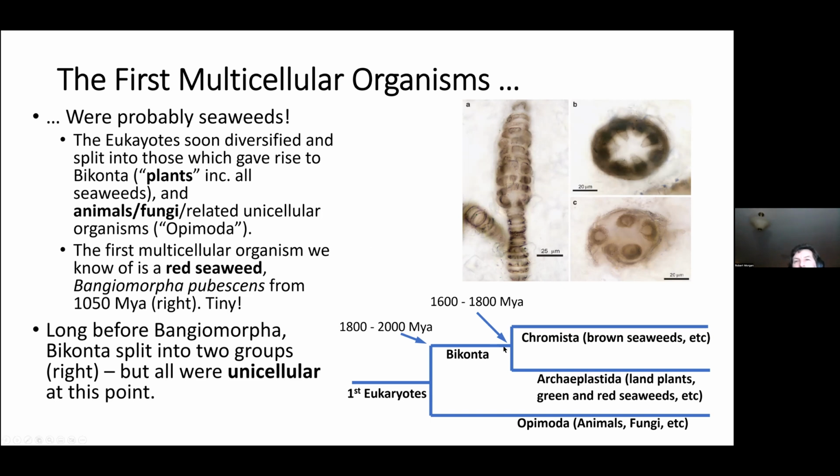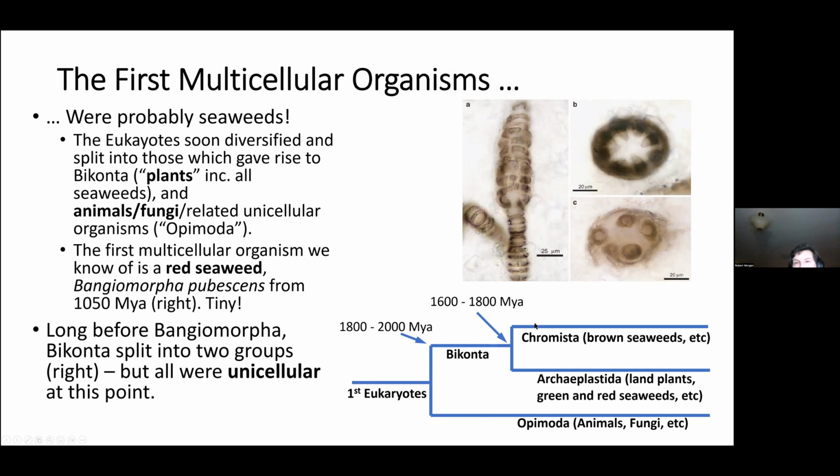But anyway, you can see there's a split into 3 later groups of organisms we're interested in. What's called the chromista, which eventually gave rise to brown seaweeds and things like that. And then what's called the archaeplastida, the ancient organisms with plastids, which are basically chloroplasts. You've got the land plants, the green and the red seaweeds in those, and the other group gave rise to animals and fungi.